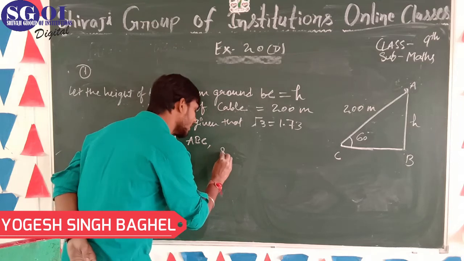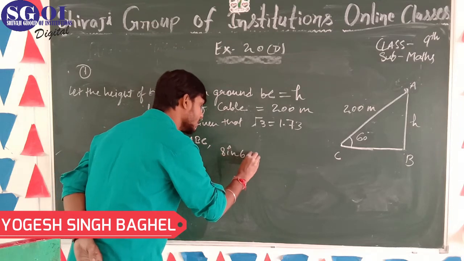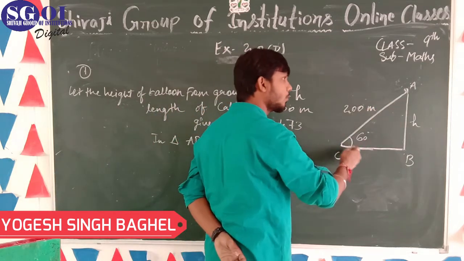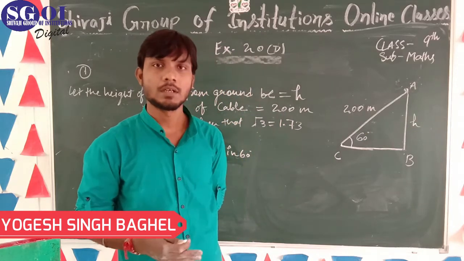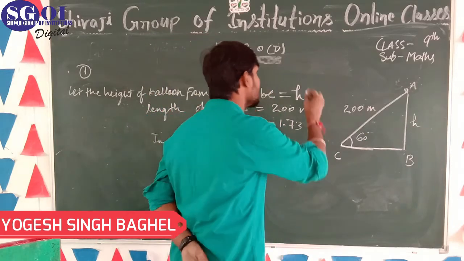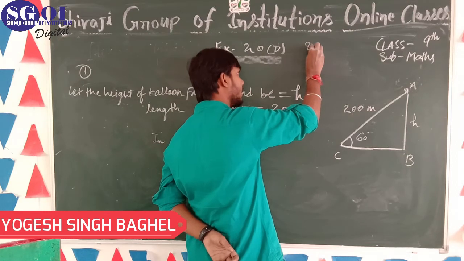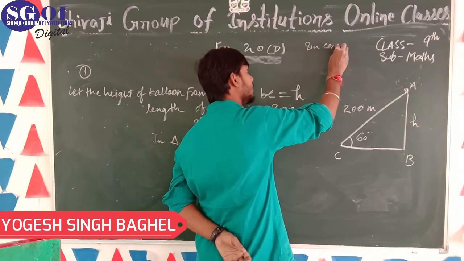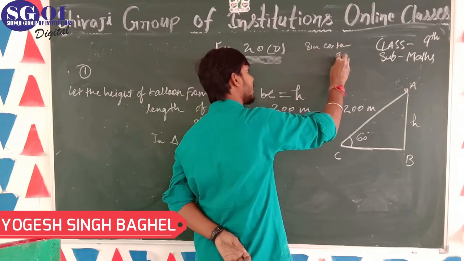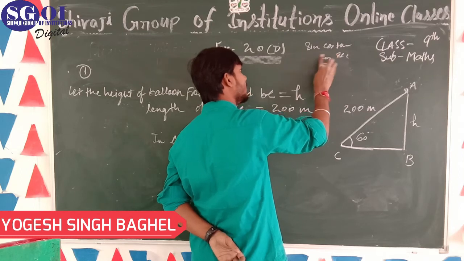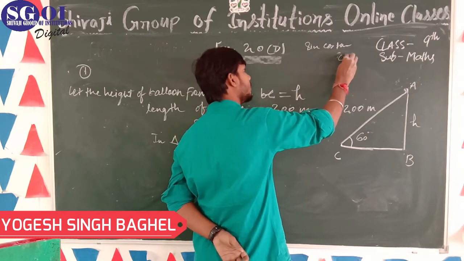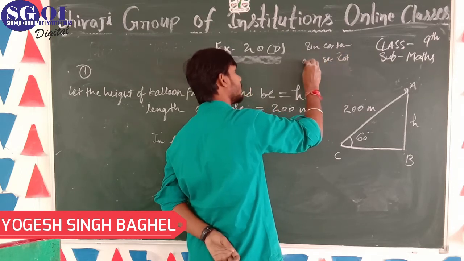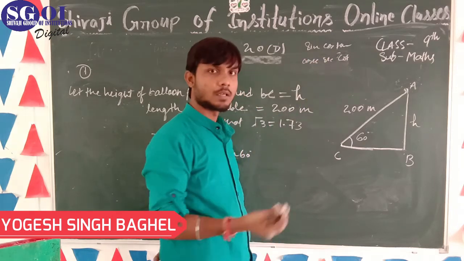So we use sin 60. According to the requirement, we use trigonometrical ratios like sin, cos, tan, sec, cosec, cot.